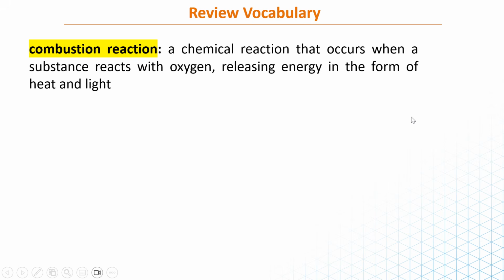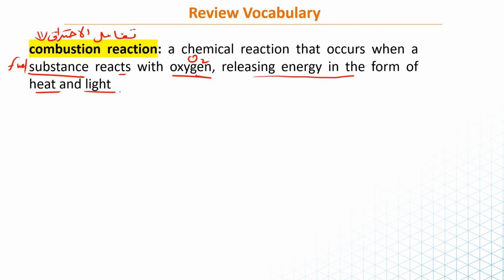All right, so let's revise the term combustion reaction, which we saw in the first lesson. A combustion reaction is a chemical reaction that occurs when a substance, usually a fuel, reacts with oxygen, releasing energy in the form of heat and light.